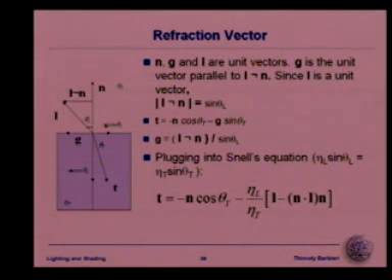Do you remember the equation of Snell? Snell's equation is actually the equation for refraction, applied in a vector form over here. So, it's just for the sake of completeness. If by chance you need to model refraction, then you can go to these slides and you can find them in a vector form ready for you to use.